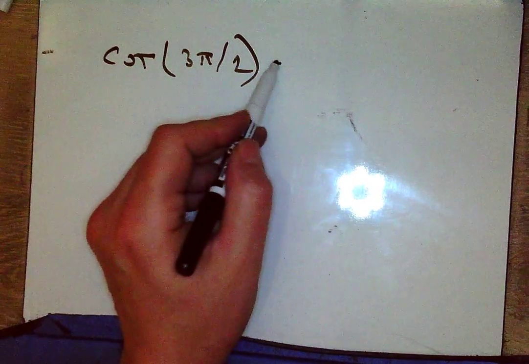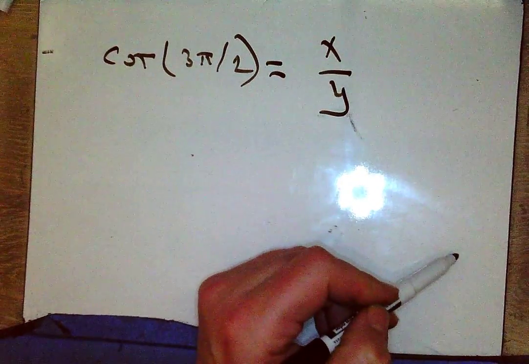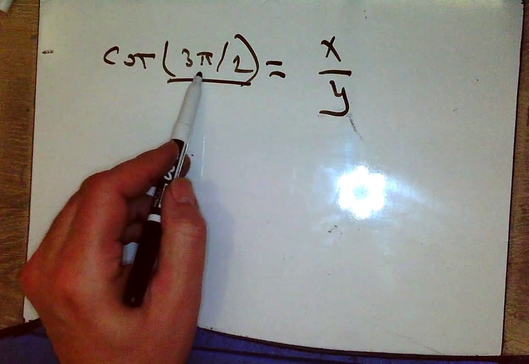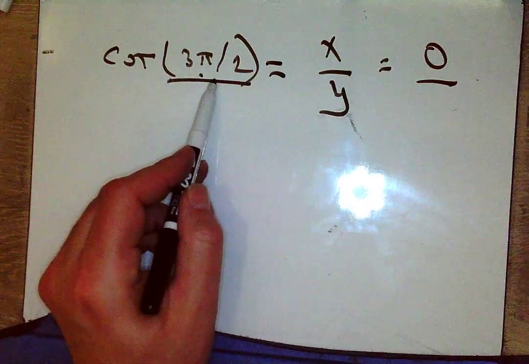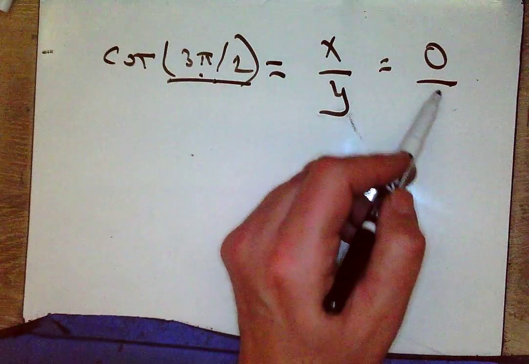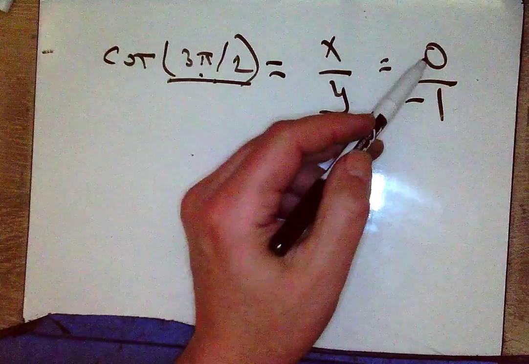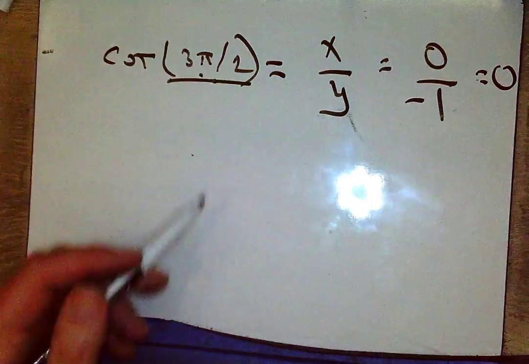We can know that on the unit circle, cotangent is x's over y's, and the x value at 3 pi over 2 is 0, and the y value at 3 pi over 2 is negative 1. And so 0 divided by negative 1 is 0. That's one way to do the problem.